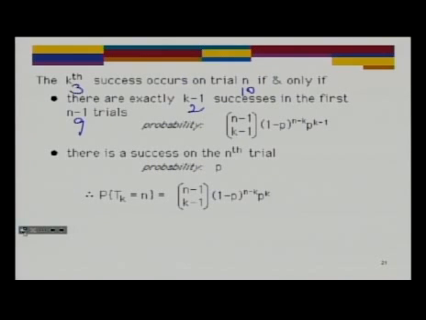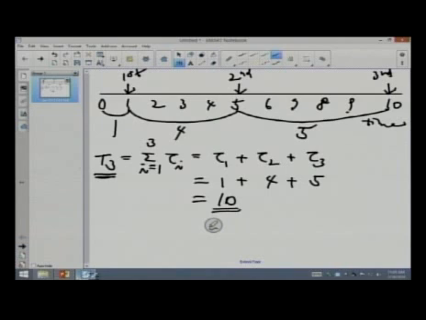Going back to our figure, the third success occurred on trial number 10 if and only if there are exactly 3 minus 1, which is 2 successes, in the first 9 trials. Okay? So the first statement is true, right?